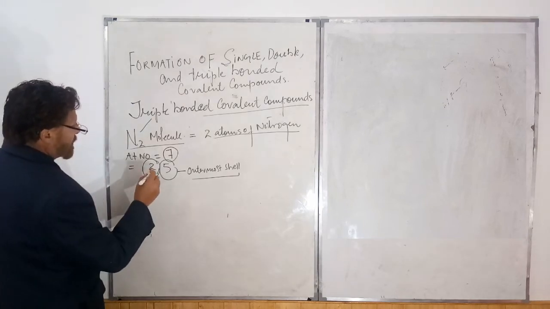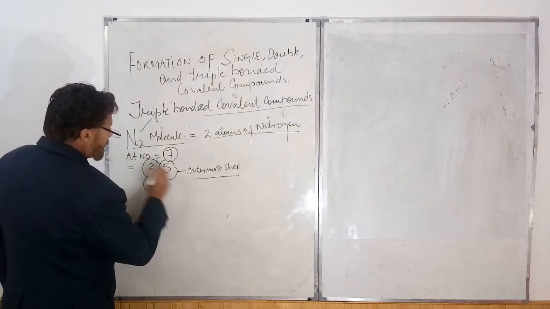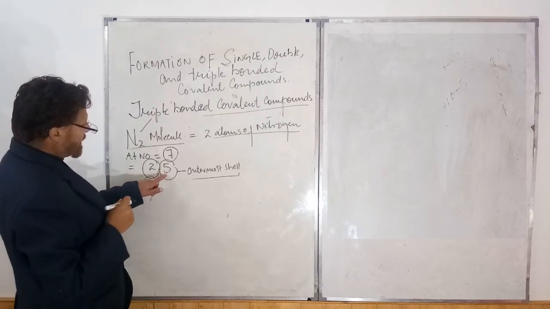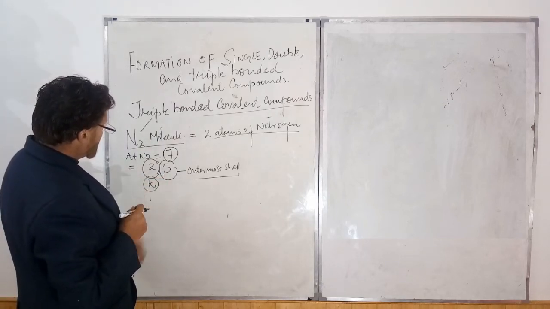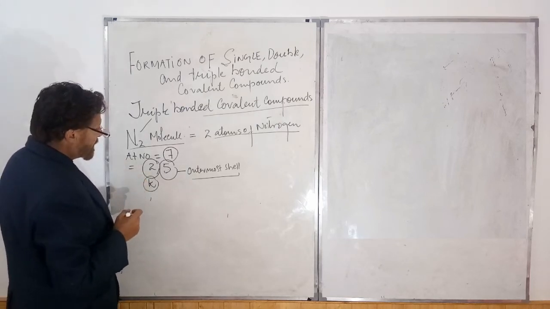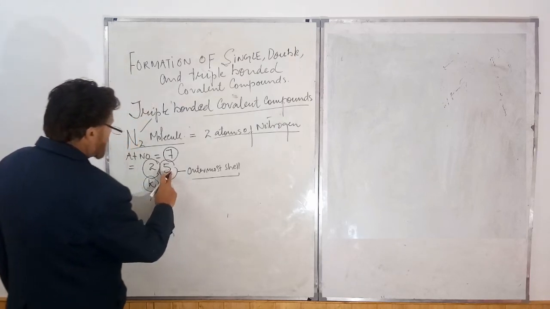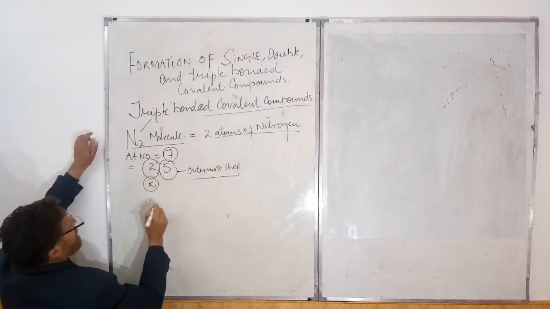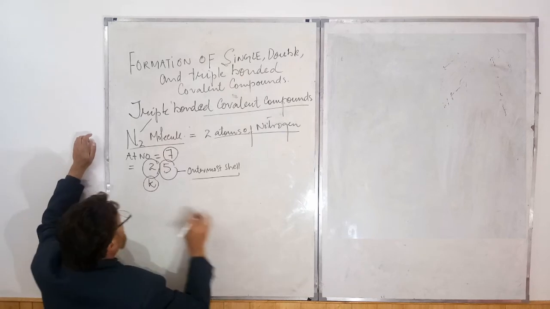So for the formation of the nitrogen molecule, it requires 3 more electrons to attain the noble gas configuration of its nearest inert gas. In this regard, we will see how it will share.